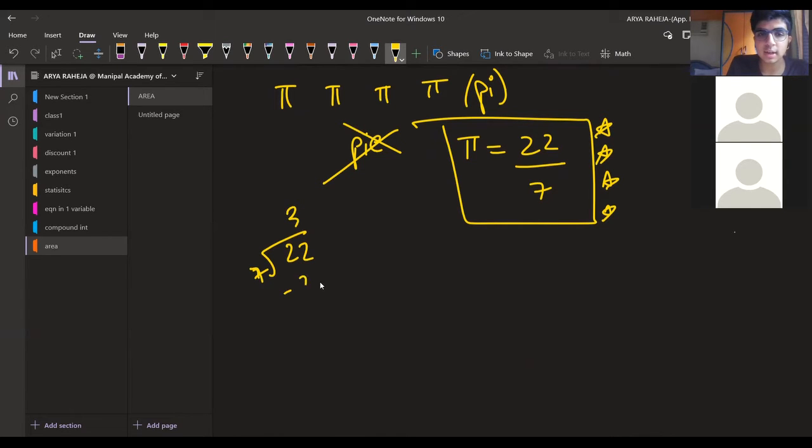So 7 3s are 21, closest 1.0, 3.1, then 4s.